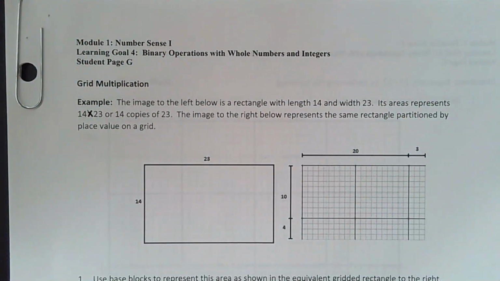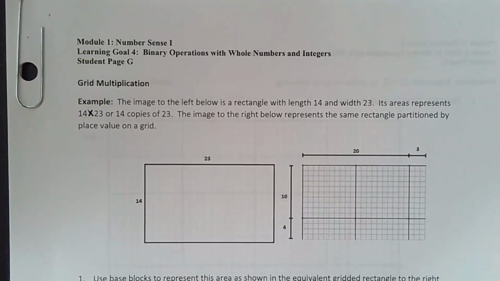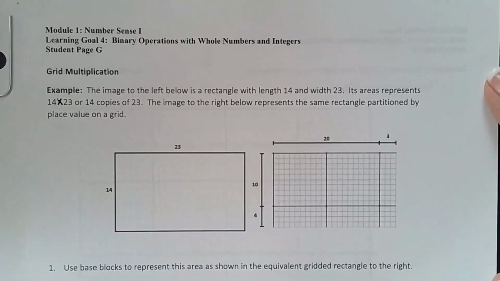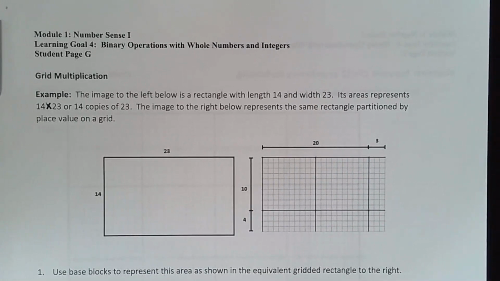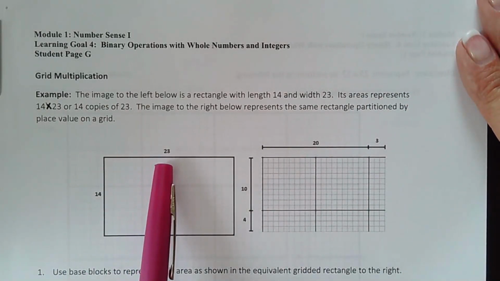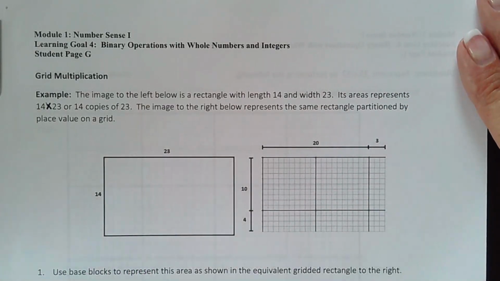Okay, so we're going to learn a little bit more about grid multiplication. So just another way to multiply. It's just nice to have different ways to look at things. So this is a 14 by, is that 23? Yeah, by 23 grid.